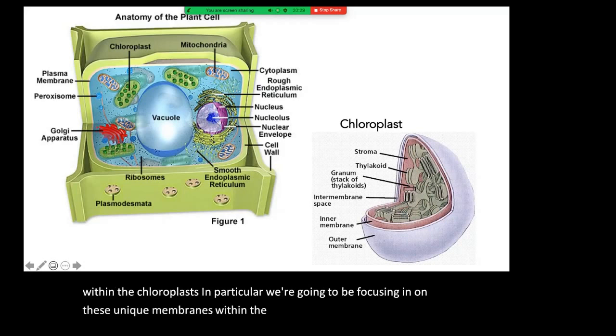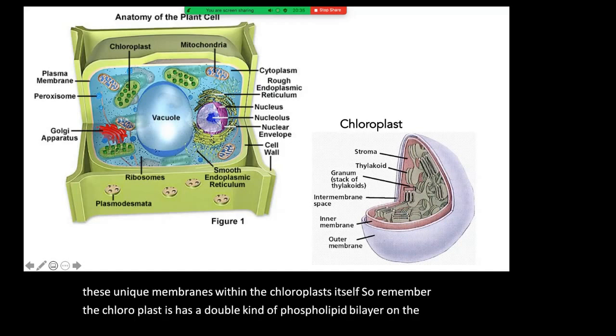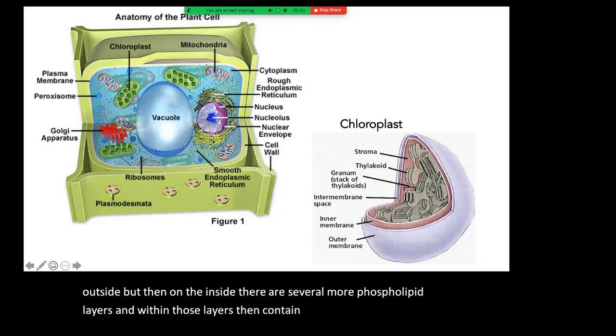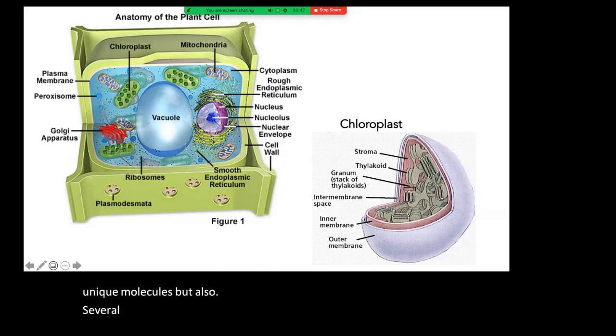So remember, the chloroplast has a double phospholipid bilayer on the outside, but then on the inside there are several more phospholipid layers. And within those layers are not only several unique molecules, but also several important proteins as well as enzymes associated with photosynthesis.